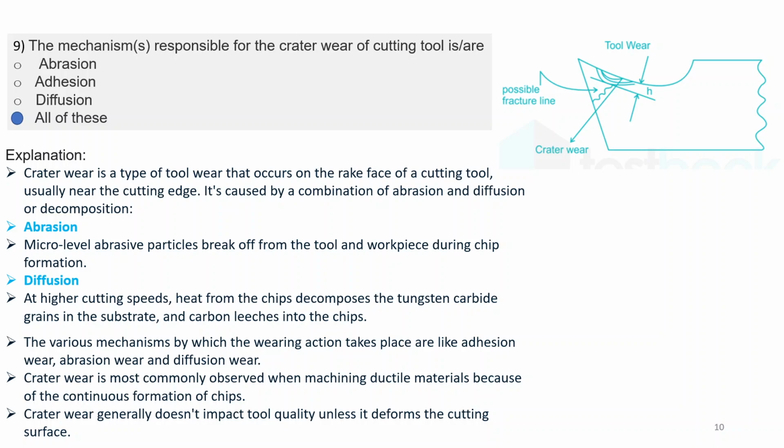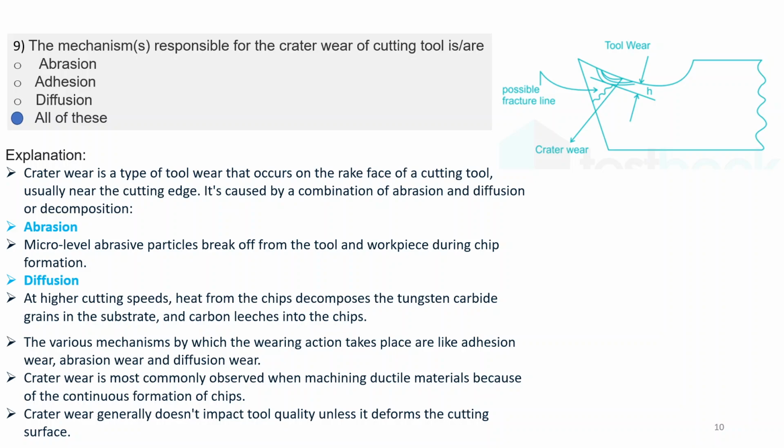Firstly there is abrasion, due to the formation of micro-level abrasive particles which break off from the tool and workpiece during chip formation. Diffusion: at higher cutting speeds, heat from the chips decomposes the tungsten carbide grains in the substrate and the carbon leaches out into the chips.